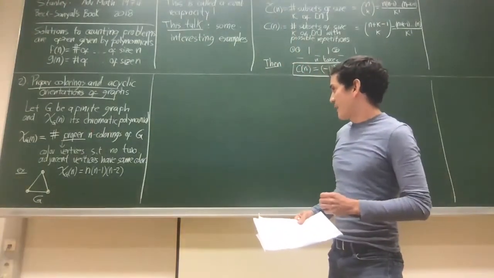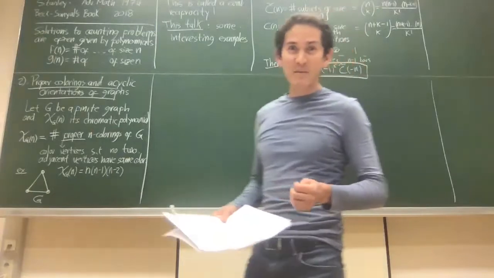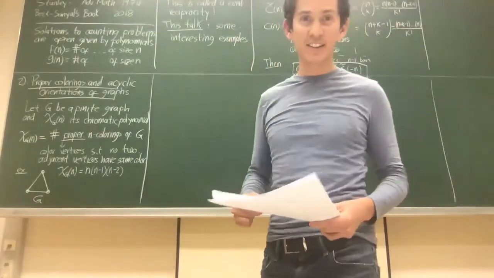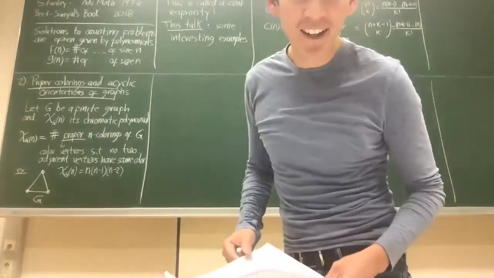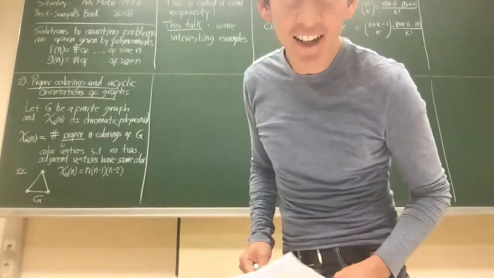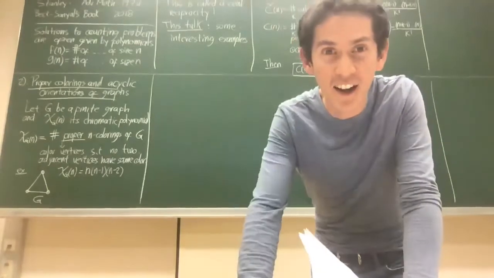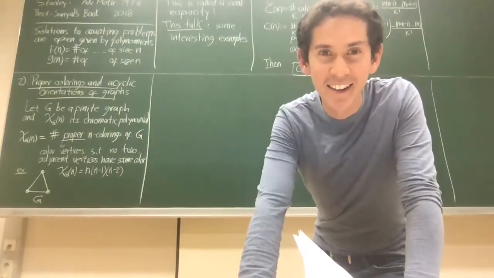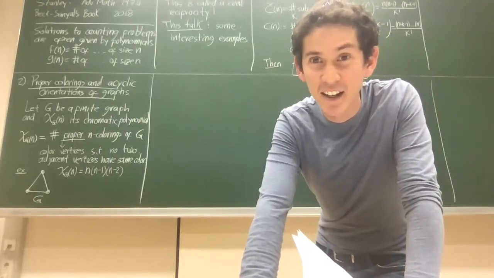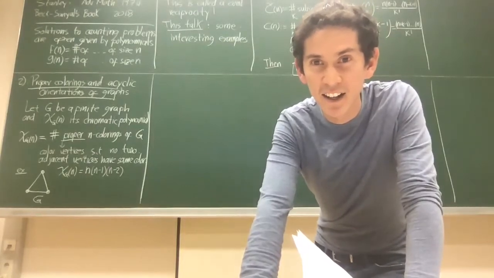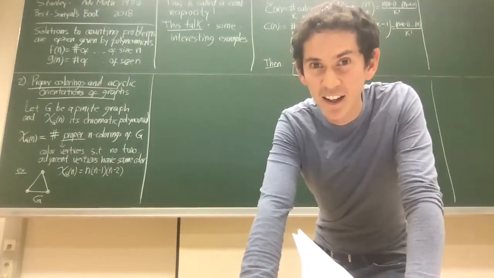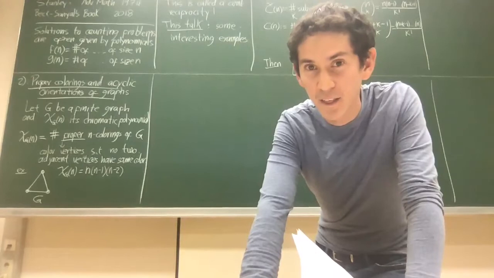And now let's say that I'm interested in counting the number of acyclic orientations of this graph. So Sarah, how many acyclic orientations does this graph have? It should be n factorial, because if you have an acyclic orientation in this graph, you essentially have an ordering on the vertices.